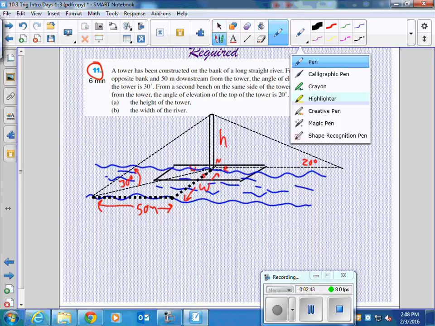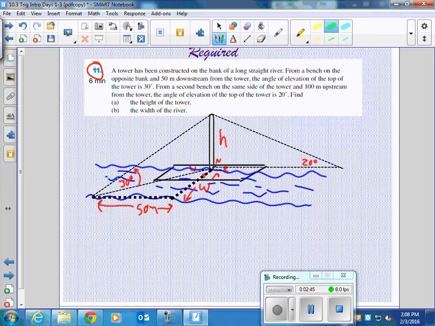Now look at how much clearer this is when I color these triangles in. Here's one. Here's another one. Now there is one more triangle, and it's going to be our blue one. Where is it?